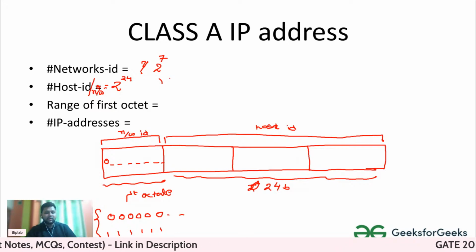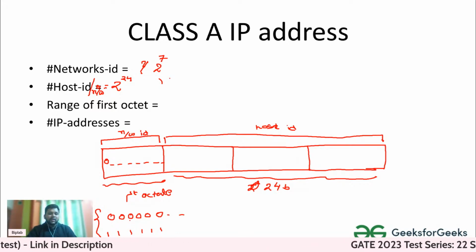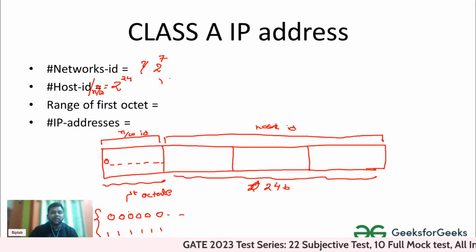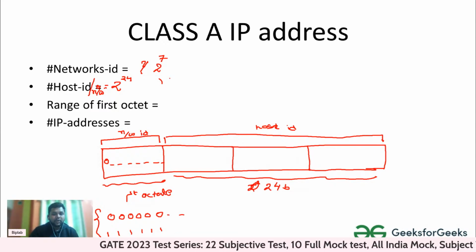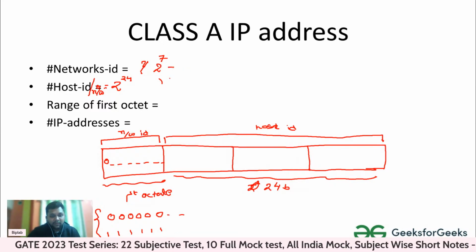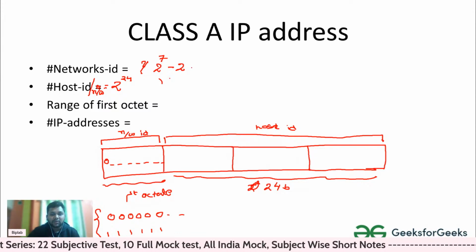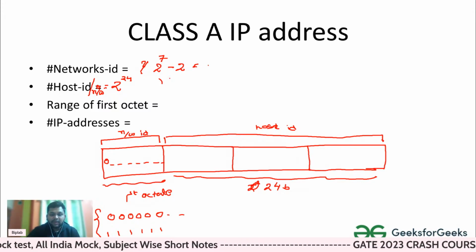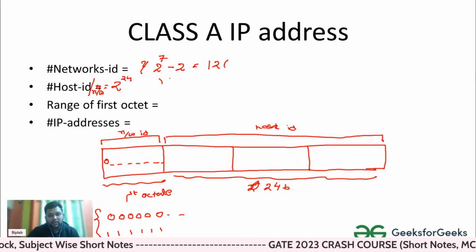So for now, let us just understand this. These two network addresses are also used for special cases, so we don't use them. The number of network IDs that we use is only 2 to the power 7 minus 2, which is 126.